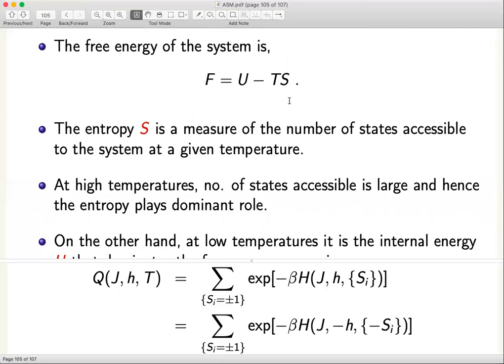The internal energy is not as important as entropy. That is why the system has much more disorder at that temperature than it would have at say 500 Kelvin. That is the kind of argument that one is trying to give. Does it make sense? Okay. Yeah.